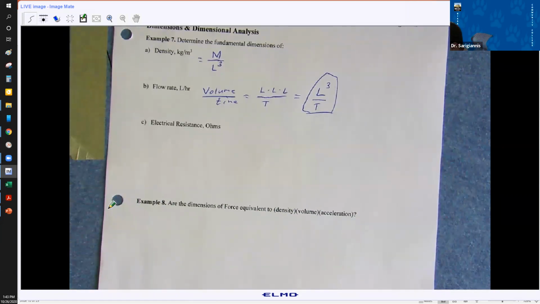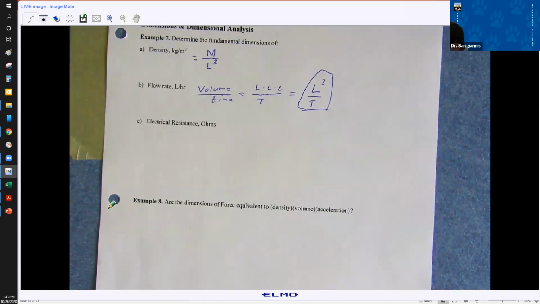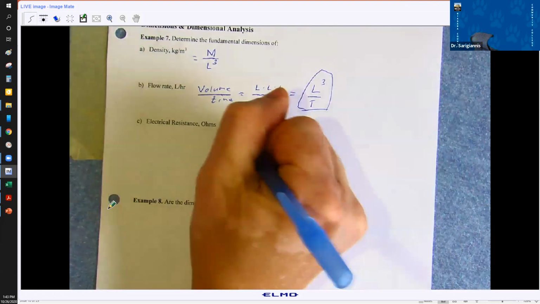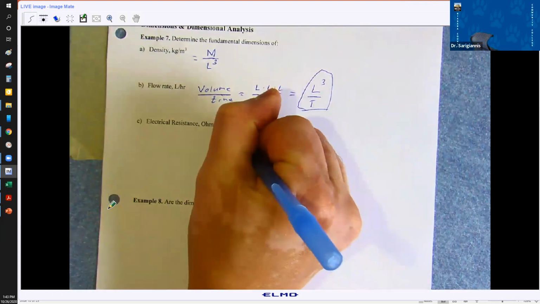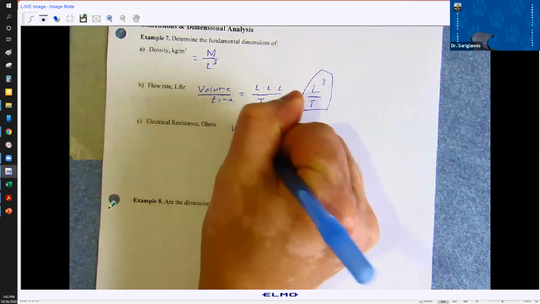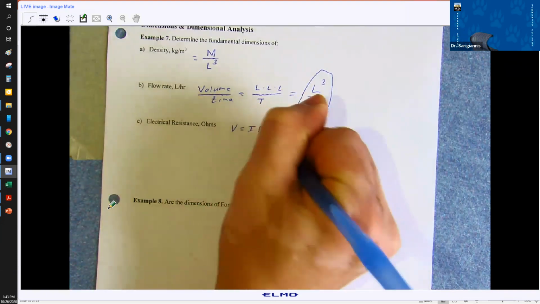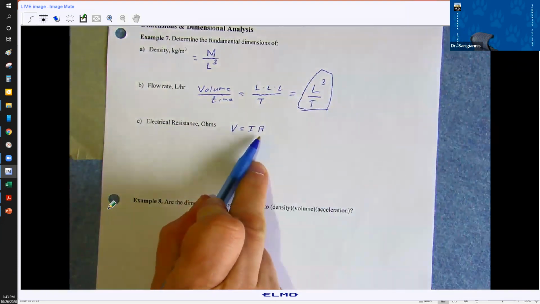Electrical resistance, this one's a little bit more complicated. We have some equations that you probably have learned in physics, or you are learning in physics. First we have an equation for voltage, and that relates voltage: V is current times resistance.